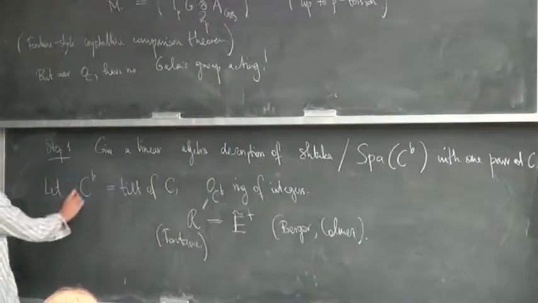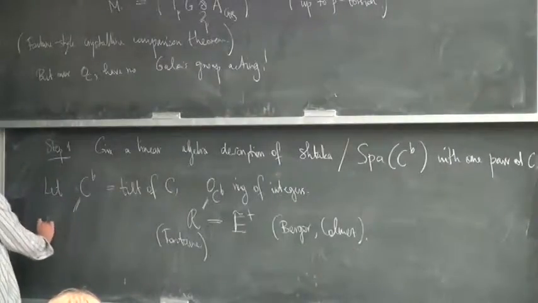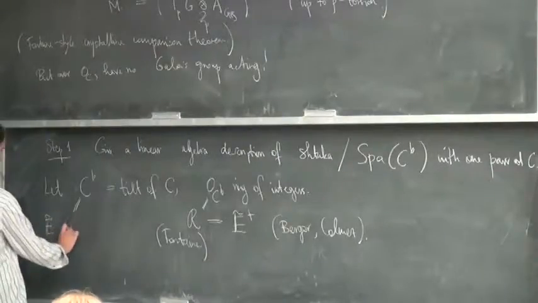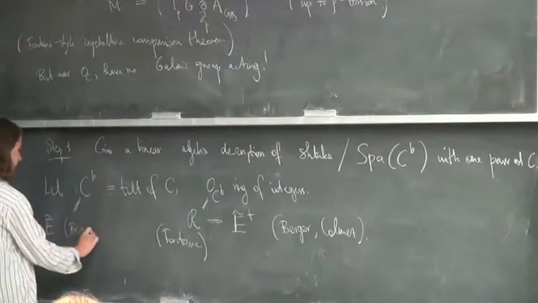And then this object here, I'm not sure whether it has a name besides Frac R in Fontaine's world, but it would be called E tilde, without the plus, by Berger and Colmez.